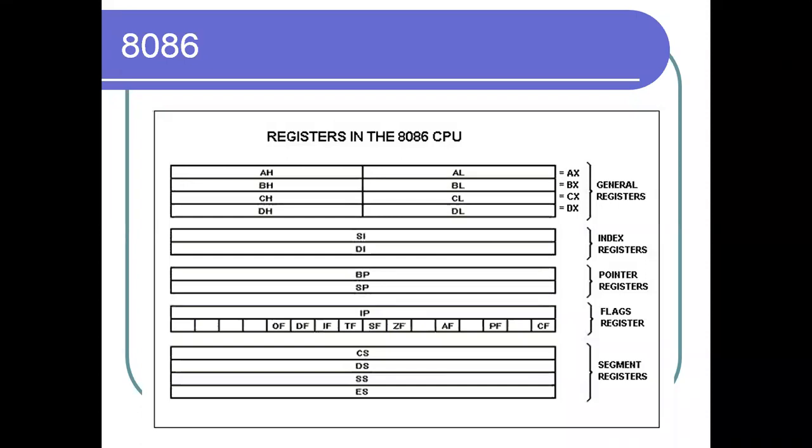Then there are pointer registers, the base pointer and stack pointer. Then there are the flags register and the segment registers: code segment, DS data segment, SS stack segment, and ES extra segment.